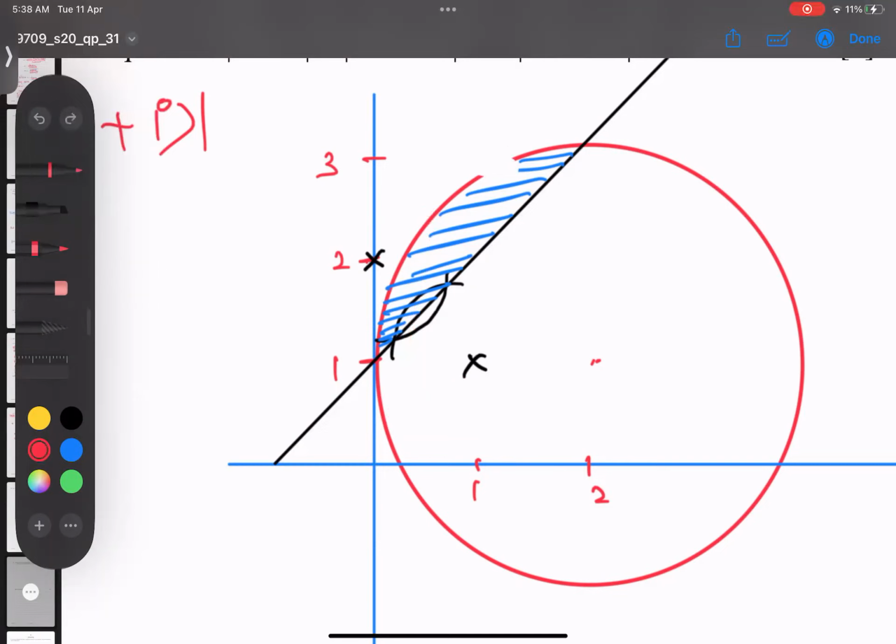If I make a point somewhere here and join a line, this is the argument, but it still is not the least one. At this point, if I make a line, this is the angle, but still not least. So I think this point is the least. So I'm going to join one blue line from here till here.